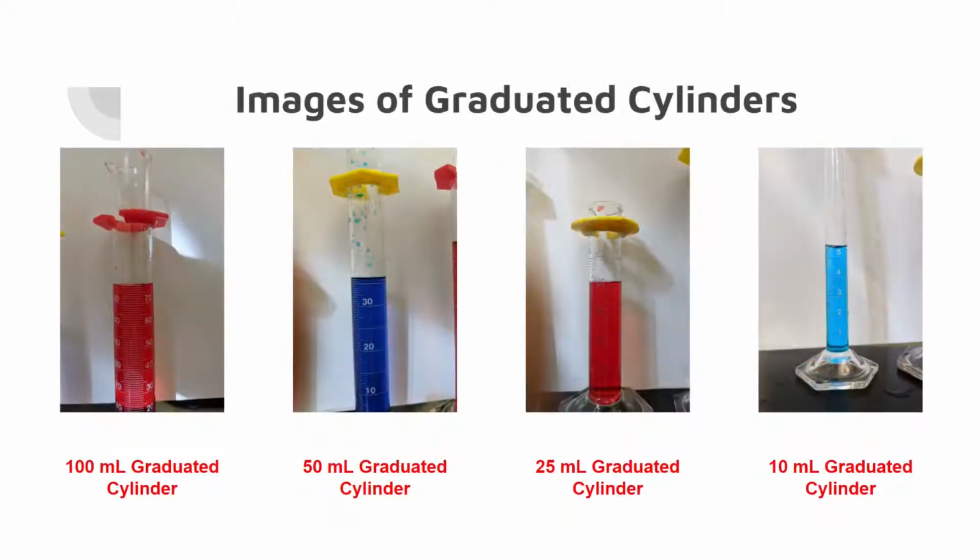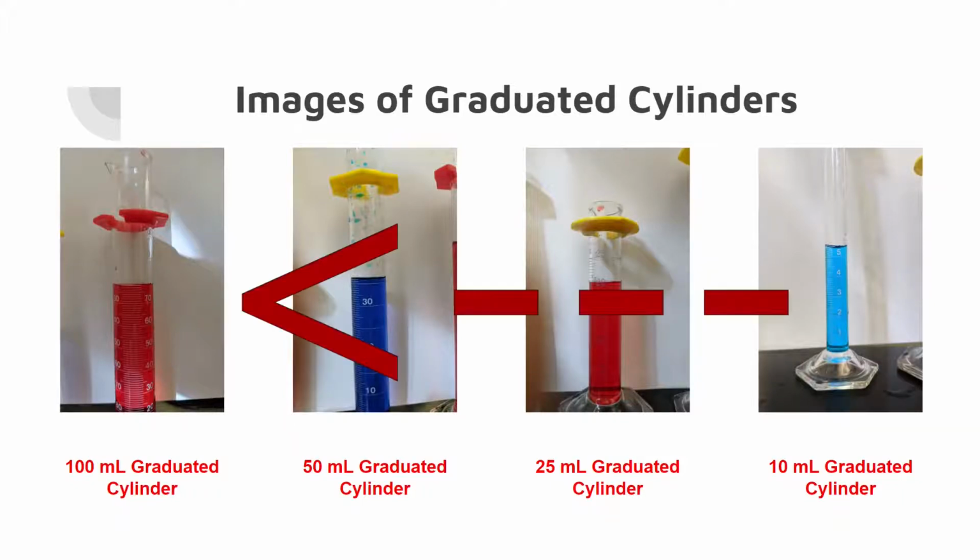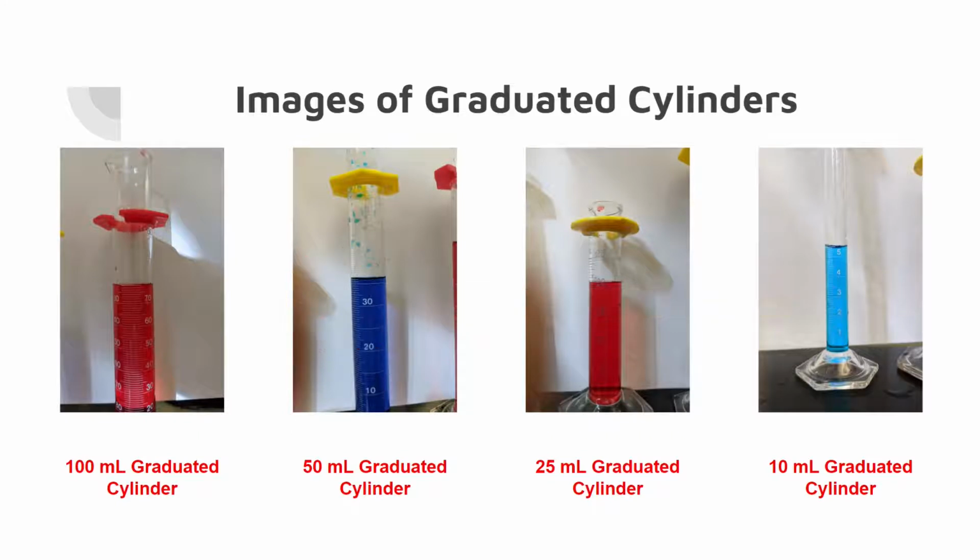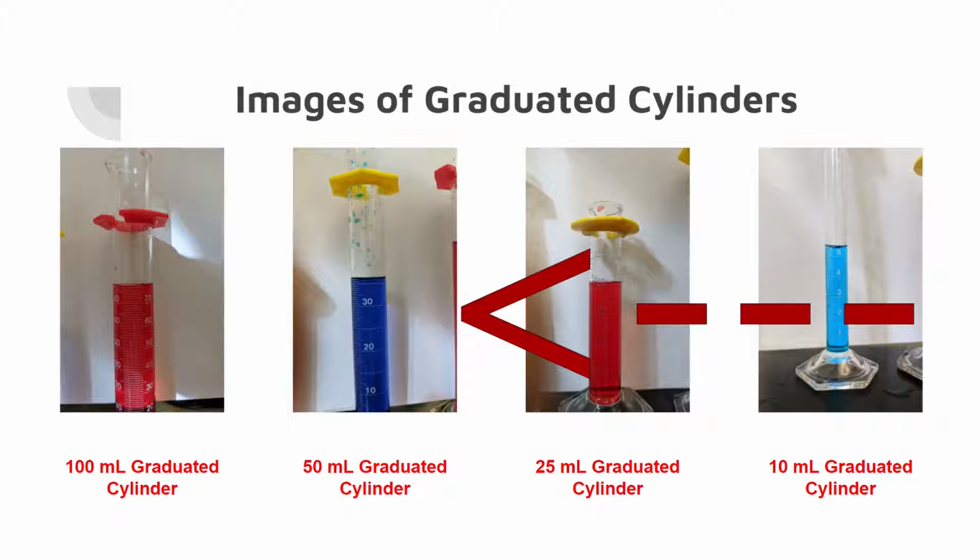For each photo here, the type of graduated cylinder is labeled underneath. On the far left, you have the 100 milliliter graduated cylinder. This measures the whole numbers of milliliters, such as 50, 51, 52, and so on. The next one, on the right of it, is the 50 milliliter graduated cylinder. This one measures in halves of milliliters.